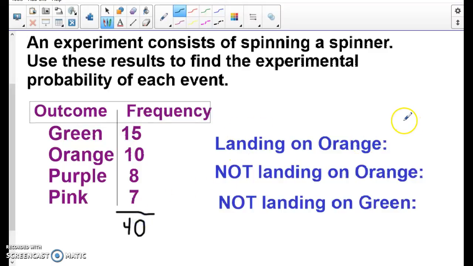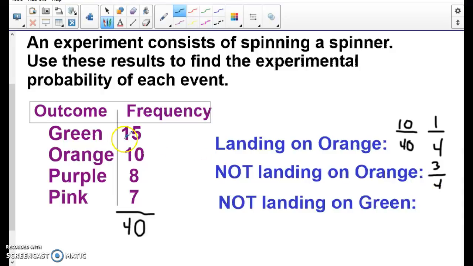Probability of it landing on orange: that was 10 out of 40, or 1 out of 4 times, which is pretty accurate because I would expect it to land on orange 1 out of every 4 spins since there are 4 colors. So not landing on orange would be 30 out of 40 times, or 3 out of 4.